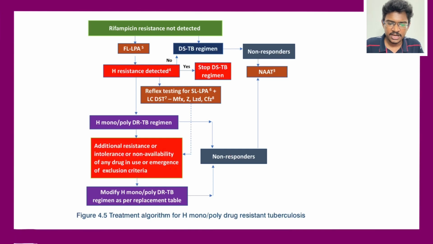If you find any isoniazid resistance, then you should check for all the other resistance as we saw in DST. LPA you should be doing. So here there is a regimen for isoniazid mono or poly drug resistant TB that you can follow. And additionally, if there is any resistance, then you can modify as per the resistance.